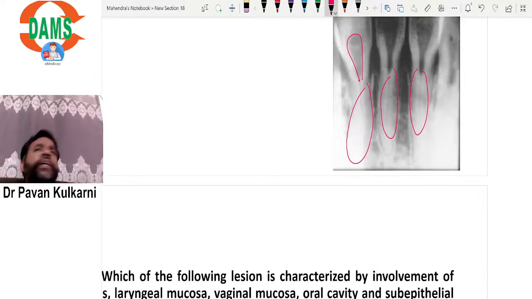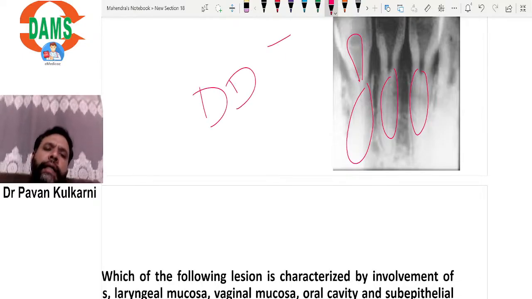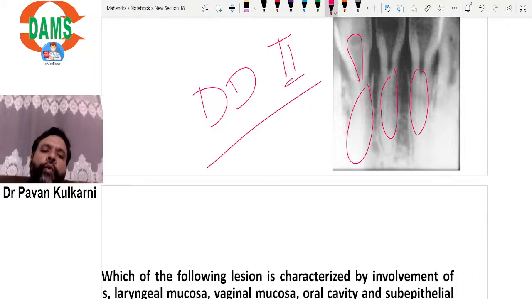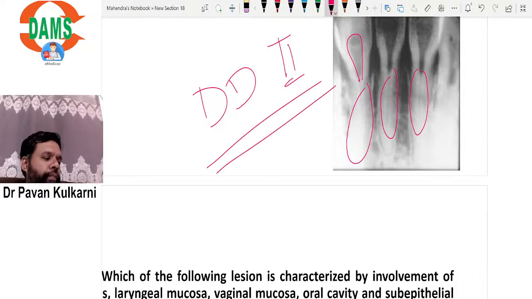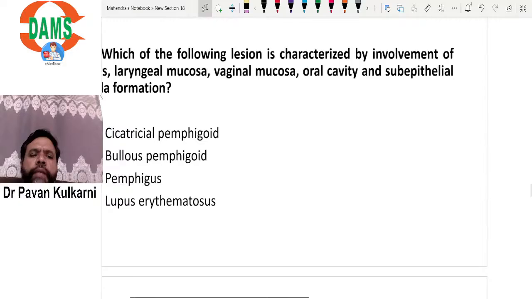So a thistle tube pulp chamber with a thread-like root canal is characteristic of dentin dysplasia type 2, in permanent teeth. This image again is a very classical image. Please try to remember this.